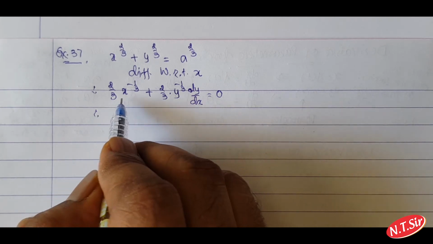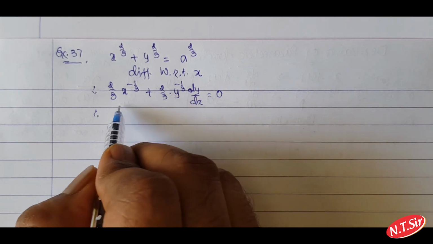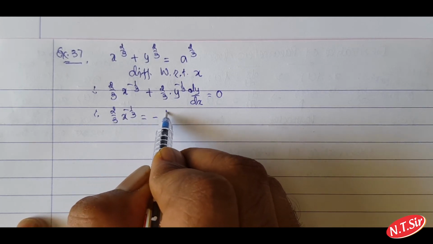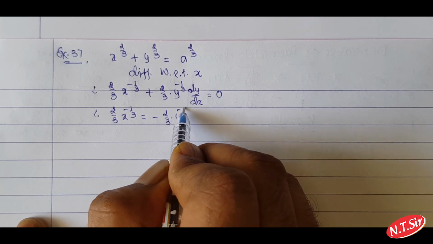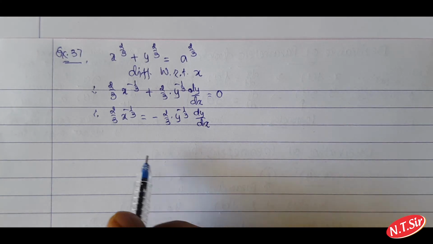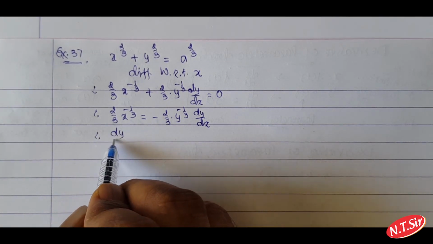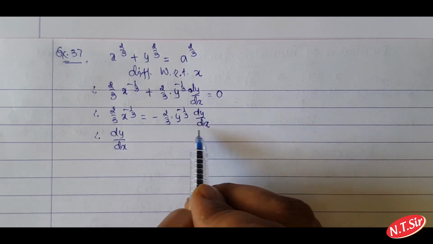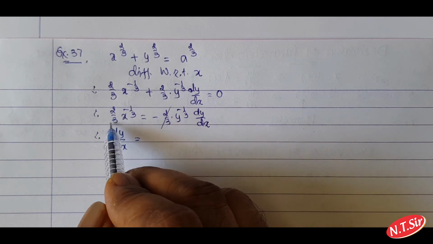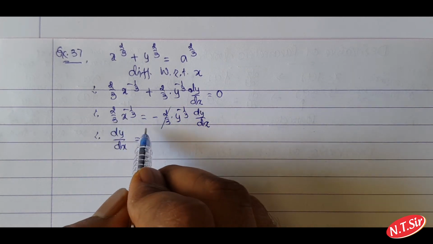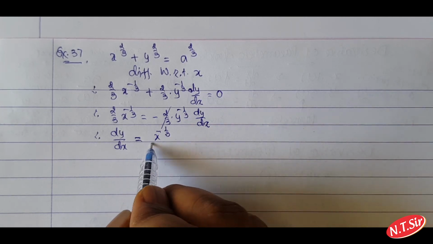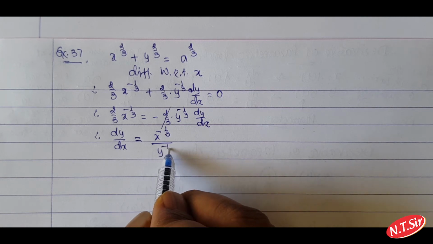So taking these to the right hand side, what we get? 2/3 x raised to minus 1 upon 3 is equal to minus 2/3 y raised to minus 1 upon 3 into dy by dx. So making dy by dx the subject, dy by dx is equal to, this 2 by 3 will cut, right? So the answer is dy by dx equals x raised to minus 1 upon 3 upon y raised to minus 1 upon 3.